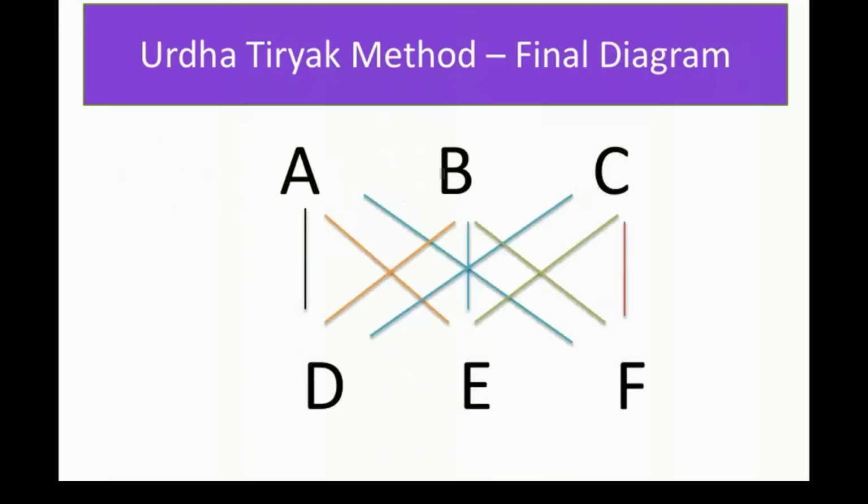If you look at this, we can assemble all these things into one figure. How will that look? It looks like this. If we have points A, B, C and D, E, F, what we have done in the first step is this, and this is step number 2.